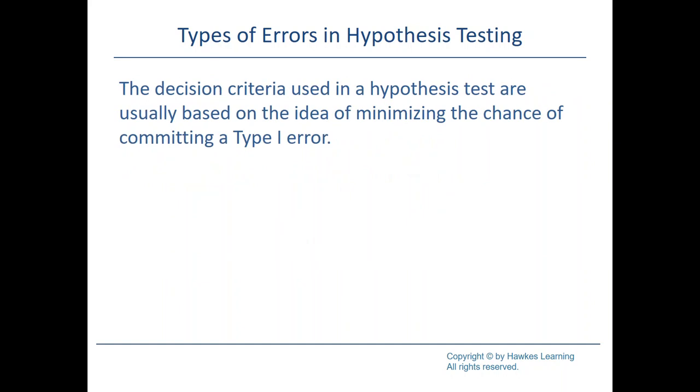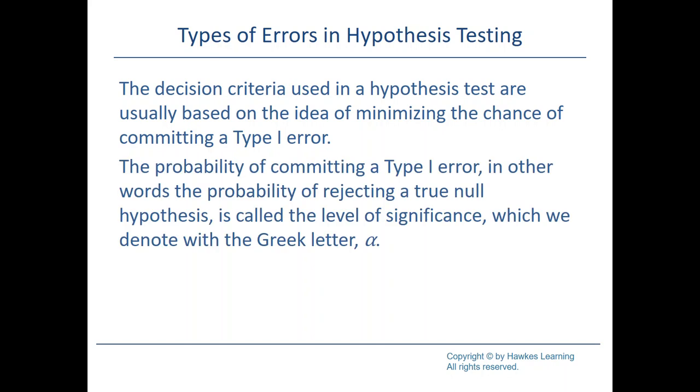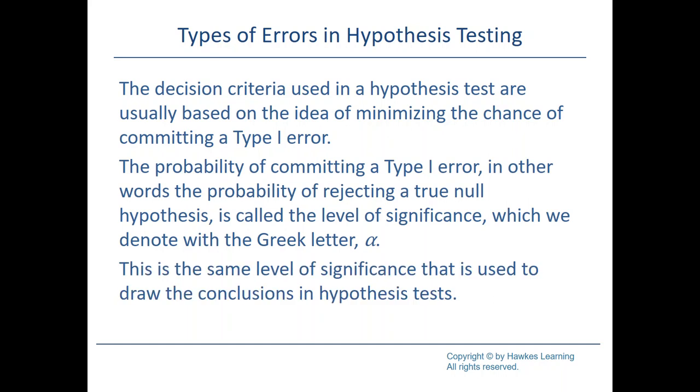Now, the decision criteria that we use in the hypothesis test is that we really want the type 1 error to be really, really small. The probability of committing a type 1 error, in other words the probability of rejecting a true null hypothesis, is our level of significance. Whatever that level of significance is, that's the probability of having a type 1 error.